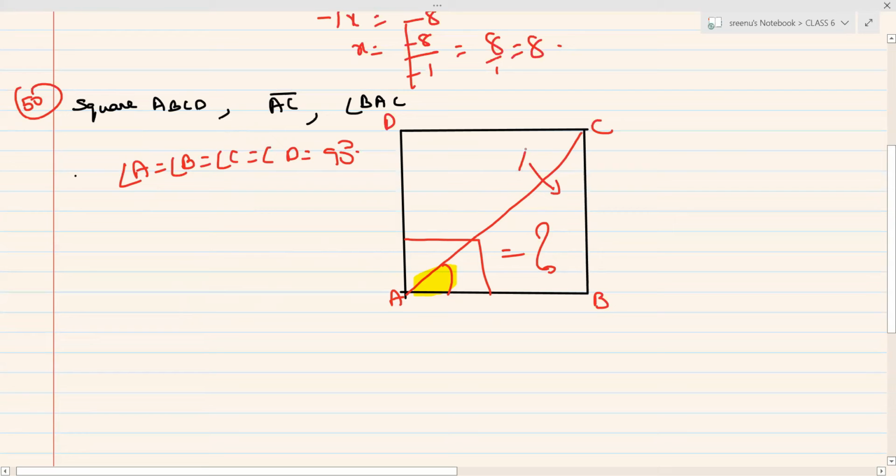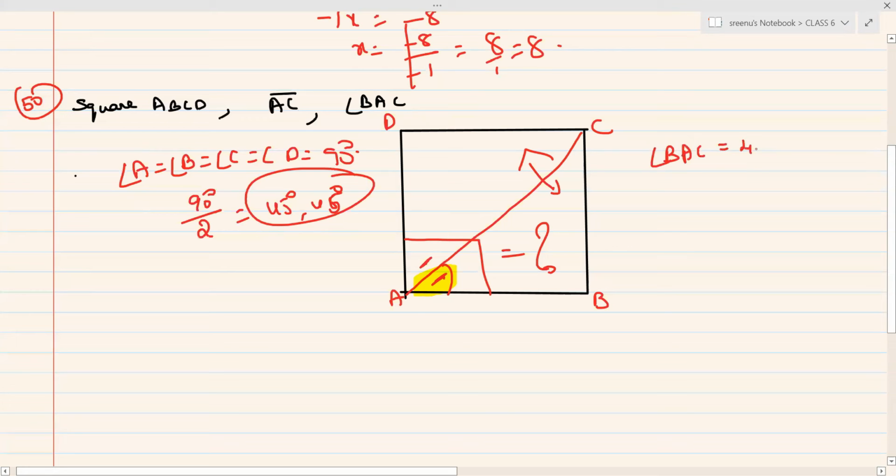These two are congruent. In congruent triangles, all the sides and angles are equal. So that this part and this part are same. So 90 we shall make into two parts. What are the two parts? 45 degrees and 45 degrees. So angle BAC is equal to how much? 45 degrees. Please check it.